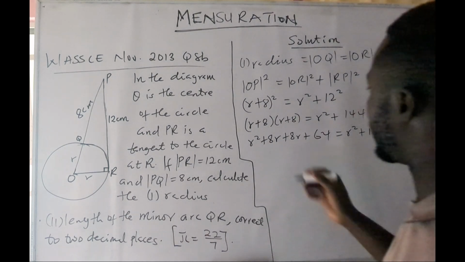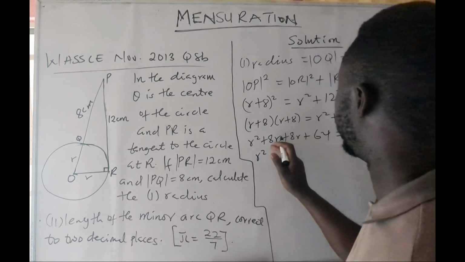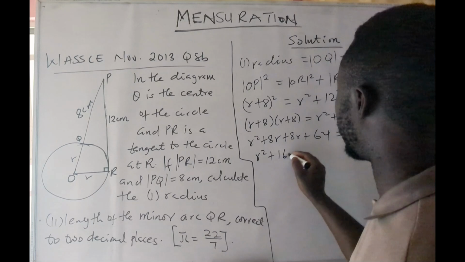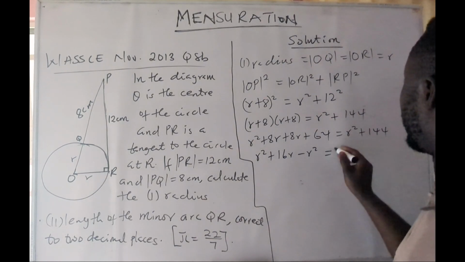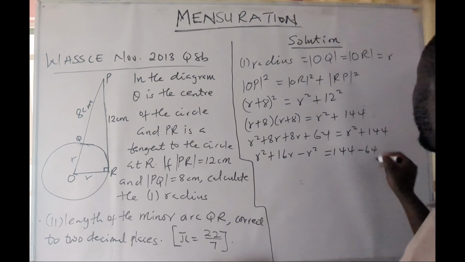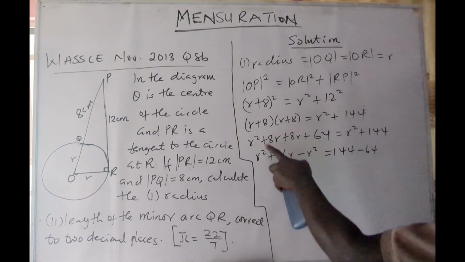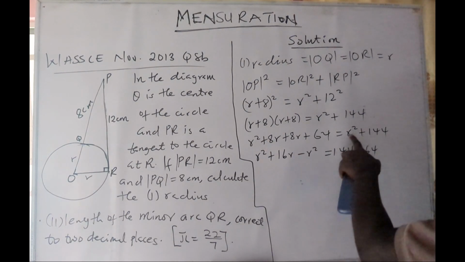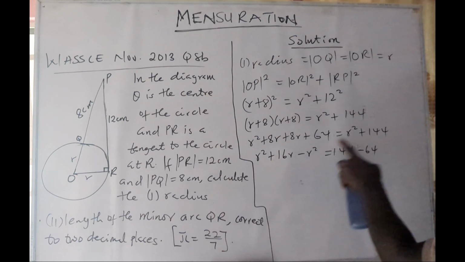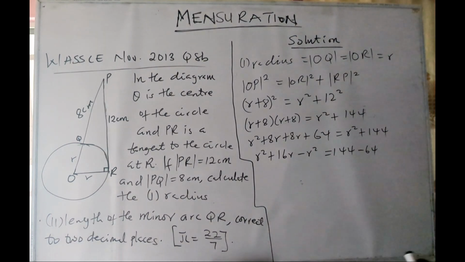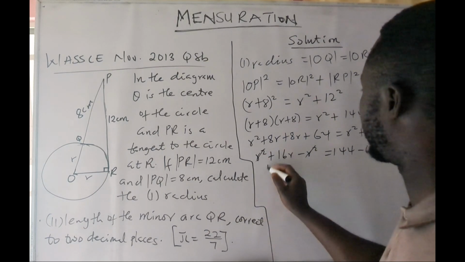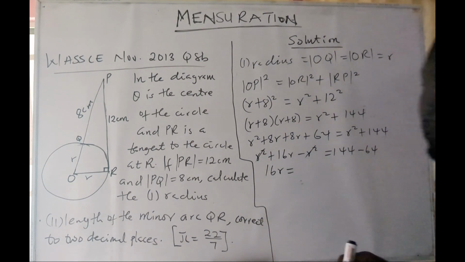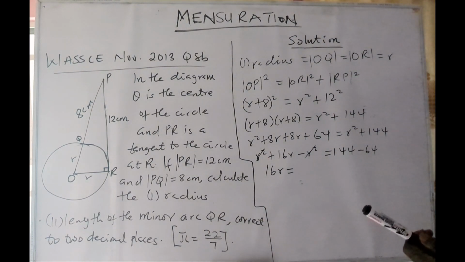So I'll have 8r plus 8r, which gives 16r, minus r squared plus r squared, equal to 144 minus 64. The r squared terms cancel, so I have 16r equal to 144 minus 64.